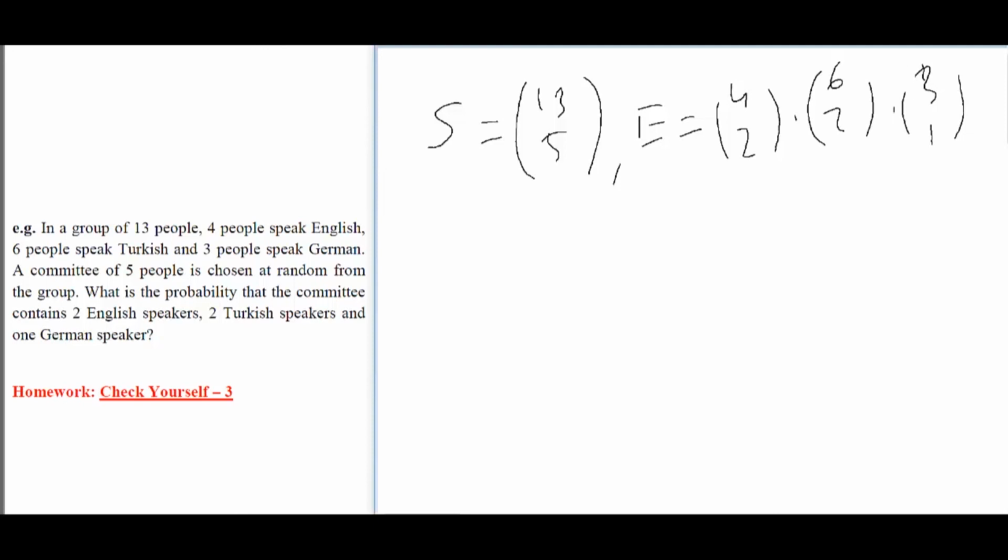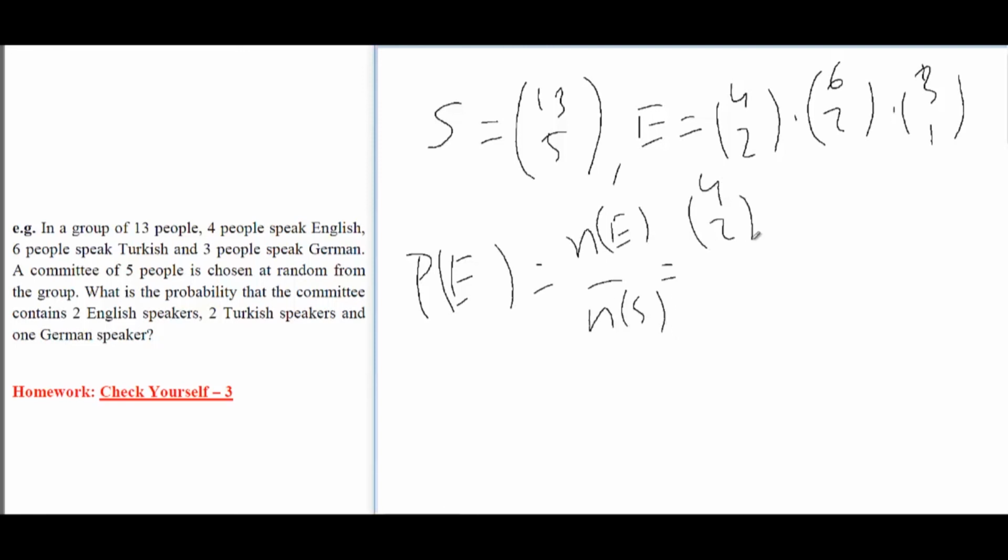So let's continue. The probability for this event is the number of events over the number of sample space, which is combination of 2 from 4 times combination of 2 from 6 times combination of 1 from 3, over combination of 5 from 13.